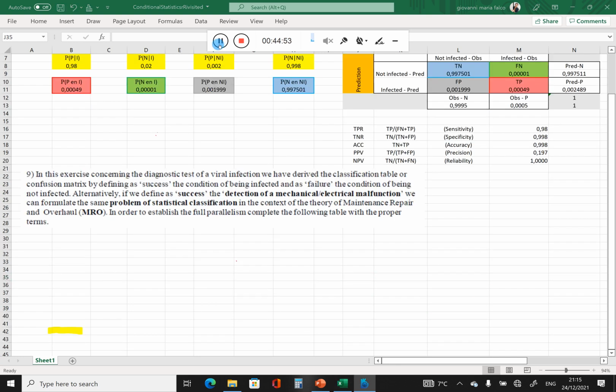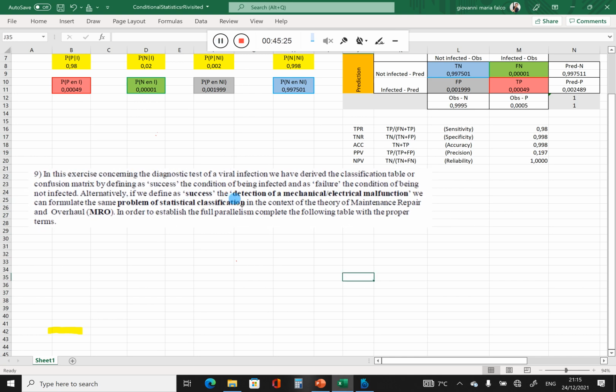Eventually, in the last question 9, we ask you to set the analogy of this problem with the classification metric about a diagnostic test, to set the analogy with the field of MRO. We said at the beginning that what has to be considered success, as in the case of the detection of the infection, in the case of MRO will be the detection of some mechanical or electrical malfunction or failure.